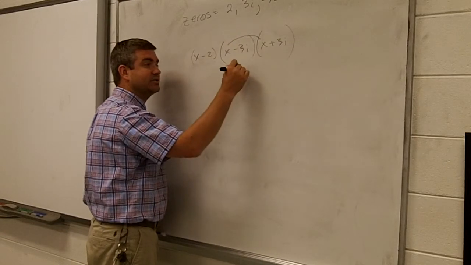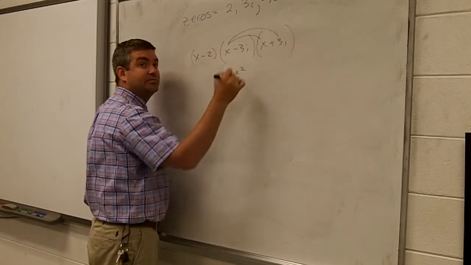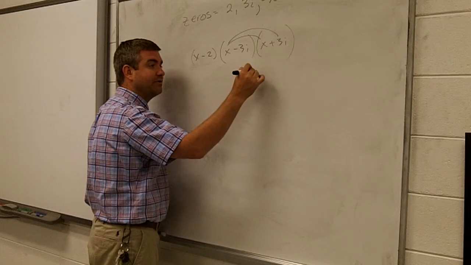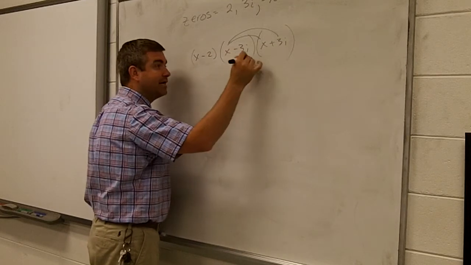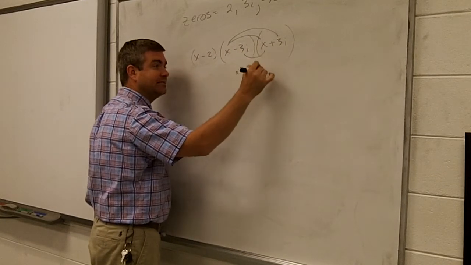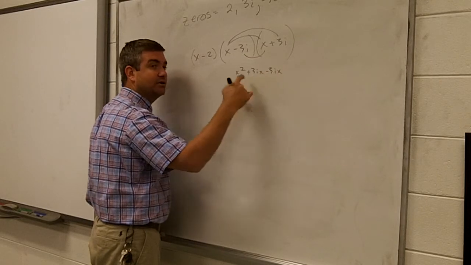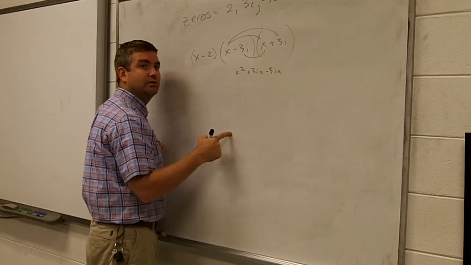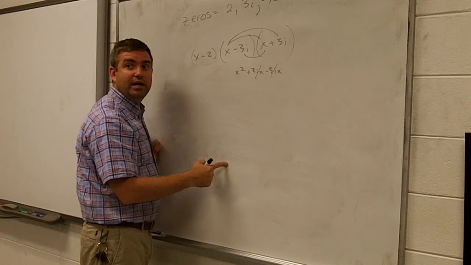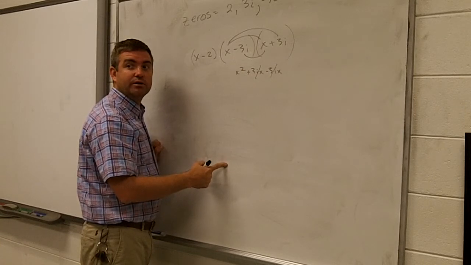x times x is x squared. x times positive 3i is plus 3ix. Negative 3i times x is negative 3ix. What's going to happen to those? Thank goodness they go away. So they're not even really important.